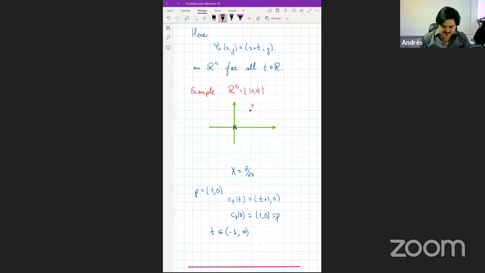you can take W to be the upper half plane, and the flow will be defined on all of the reals with no problem. That will work. So for this point, you can take W to be all of the upper hemisphere, and the minus epsilon, epsilon will be the reals. Okay?